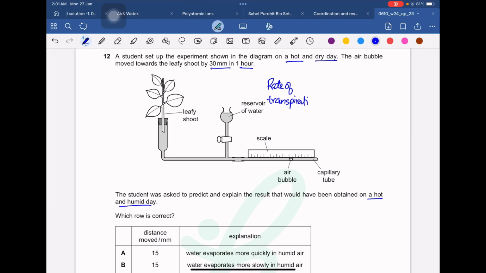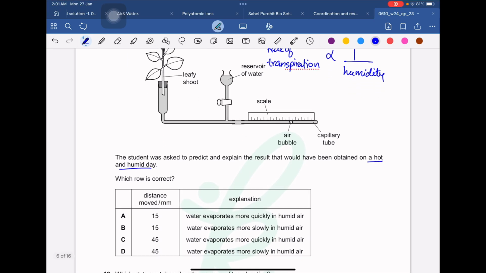So it is very clear that on a humid day, the rate of transpiration will be lesser. So the distance moved by the drop will be lesser. And that's why the answer for this will be option B: the drop moves a lesser distance and the water evaporates more slowly in humid air.